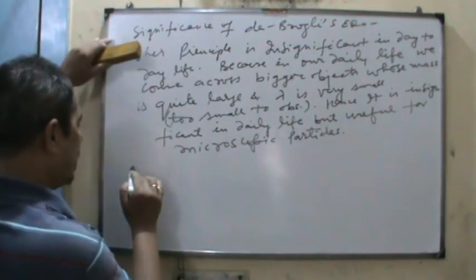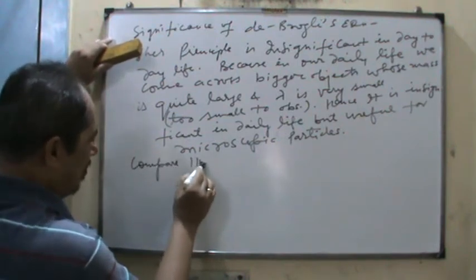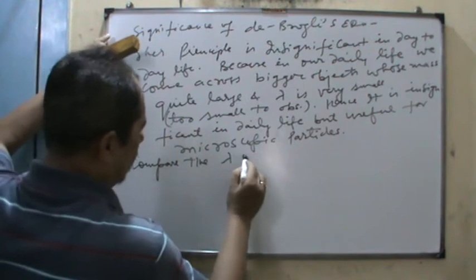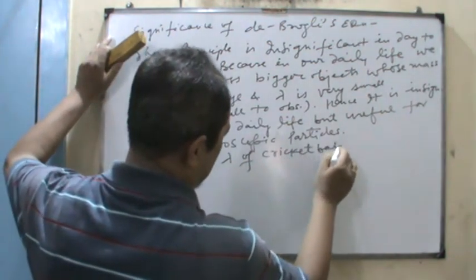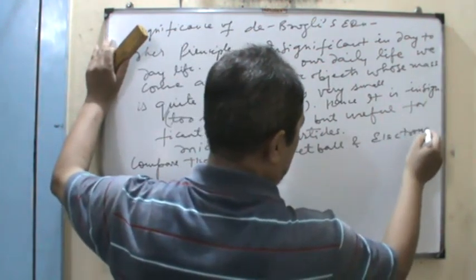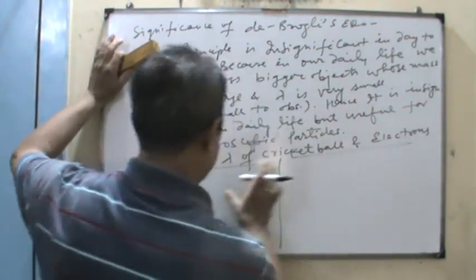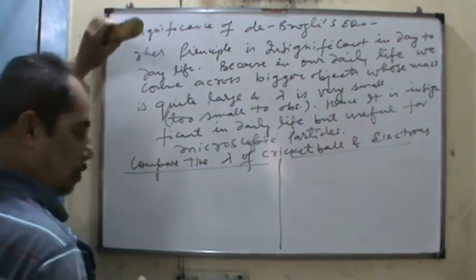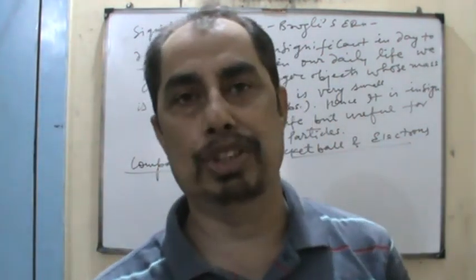Let us compare the wavelength of a cricket ball and an electron. It is very simple. This is an interesting area because you will be able to understand which wavelength you can calculate.